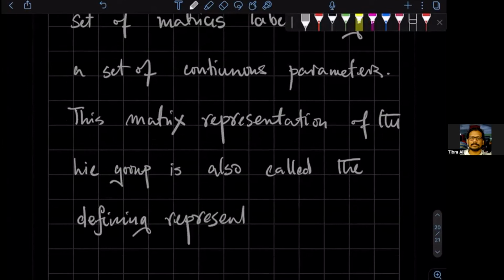Okay. For matrix groups, there is a particular representation, a formulation of that group in terms of matrices, which is called the defining representation. It's a little circular, if you ask me, but I think it's okay.